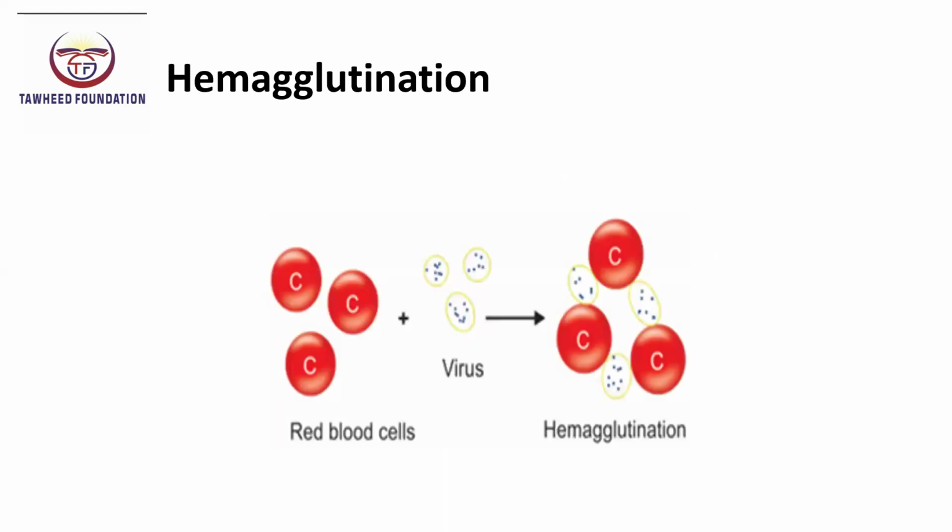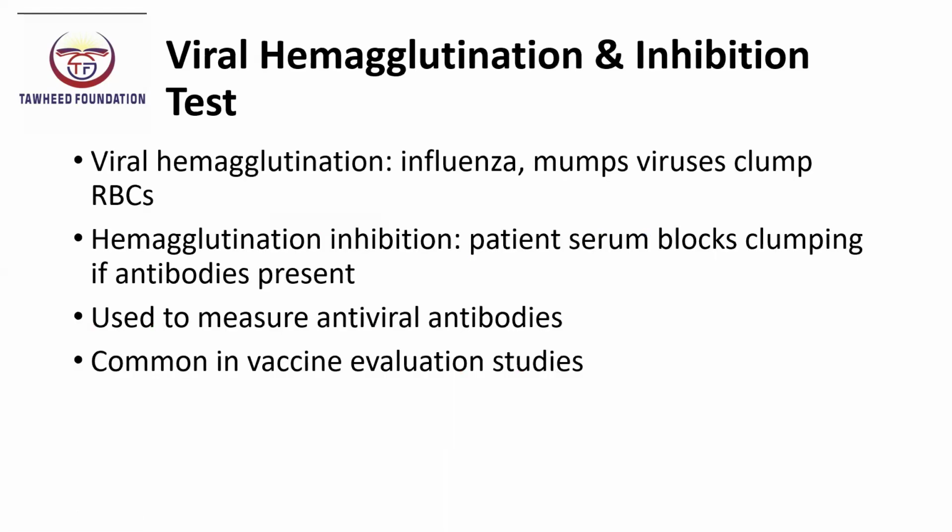Next, in this image, as you can see, red blood cells and hemagglutination. So red blood cells plus virus give rise to hemagglutination. Next is viral hemagglutination and inhibition.